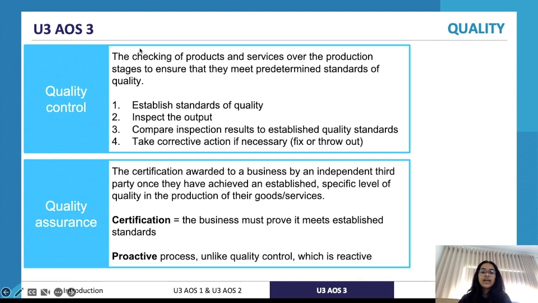So the business establishes the standards of quality, which are the benchmarks, then inspects the output, compares the inspection results to the established quality standards, and then takes corrective action if necessary. So fixing or throwing out particular things within the operations stage.